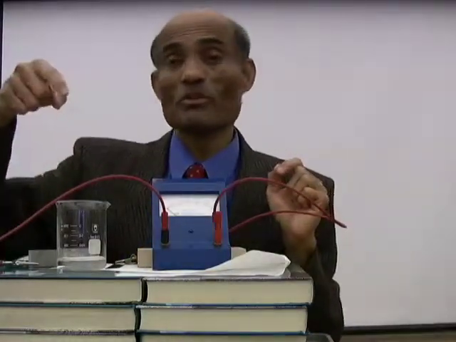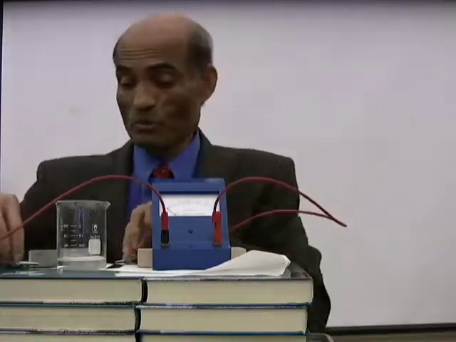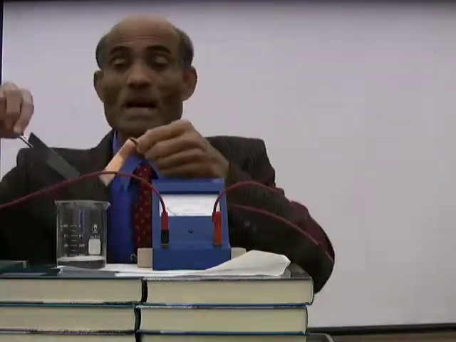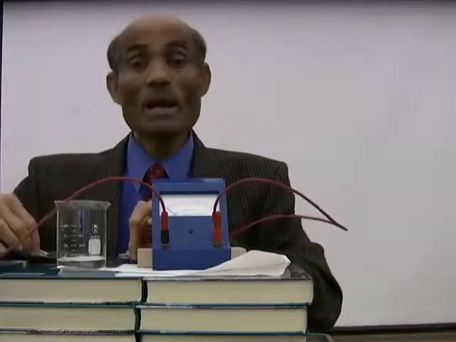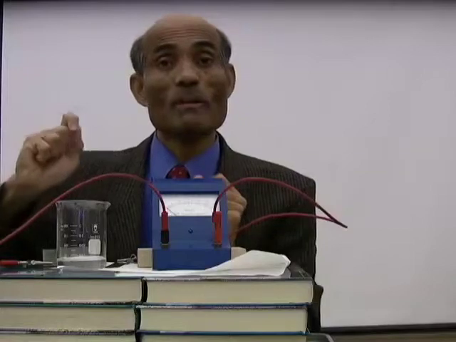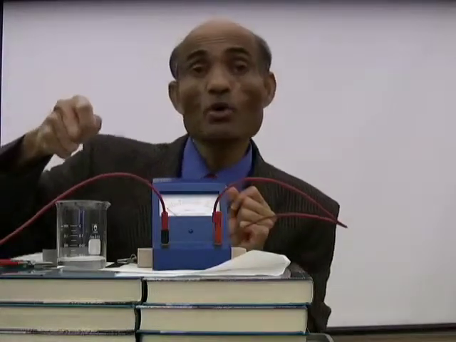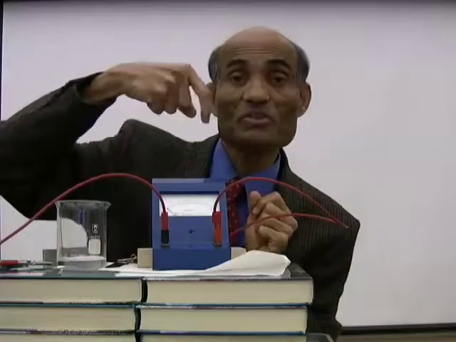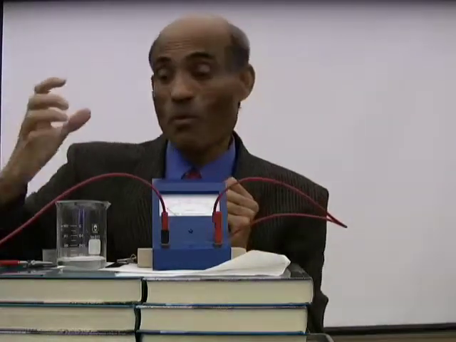1 volt means 1 joule per coulomb. So this setup, the dilute sulfuric acid with these two electrodes, will make available 1 joule of energy per coulomb of charge that is driven in this circuit. Is that right? 1 joule.